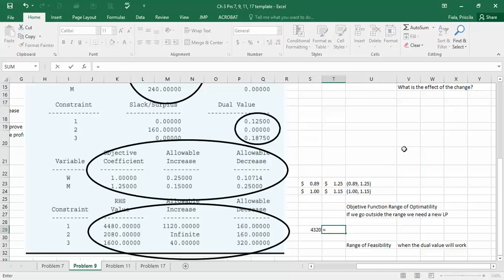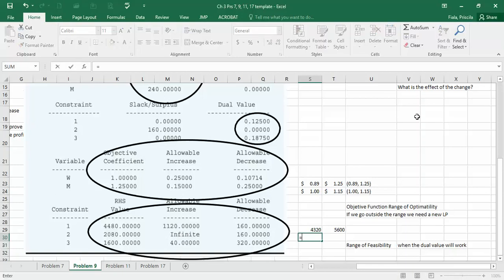And then for the right side, if you have any in a parenthesis for a range, please don't get confused, is going to be your value, the value of your constraint plus, because now we're doing the increase, 1120. Allowable increase, allowable decrease. So I'm doing this first constraint, and I did 4480 minus 160, and then I did 4480 plus 1120 since it's an increase and a decrease.